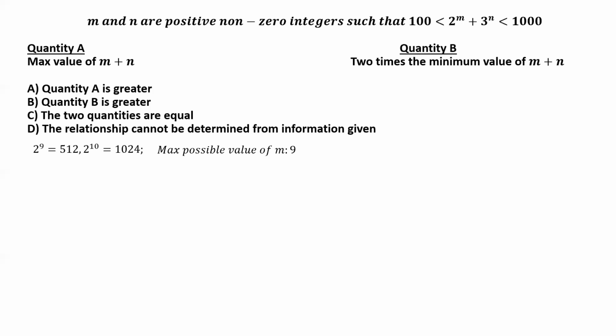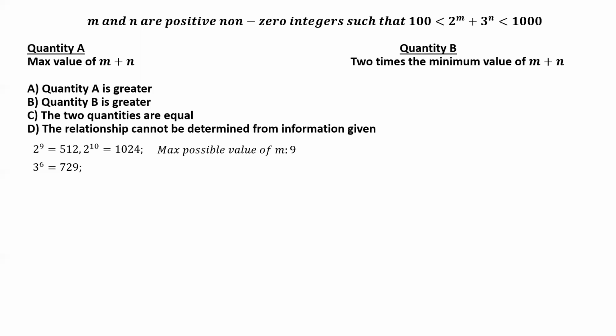And similarly, we can find the exponent values for which 3 to the power n will cross 1000. 3 to the power 6 turns out to be 729, and an easy way of figuring that out is if you note that 3 to the power 4 is 81, then 3 to the power 6 will be 3 to the power 4 multiplied by 3 squared, which is 9.